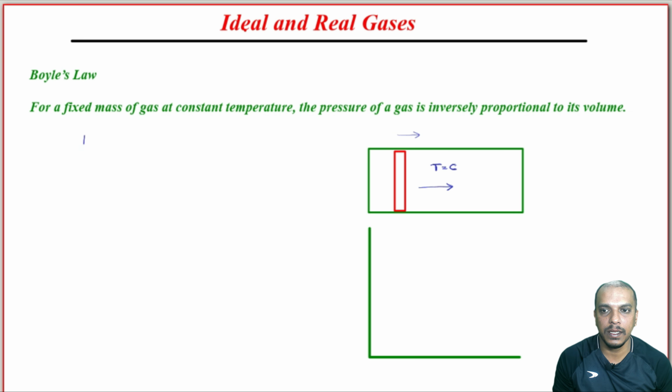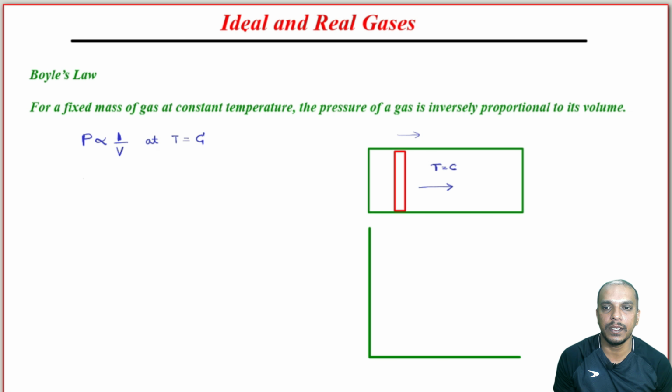So, we are saying that pressure is inversely proportional to volume. Now, we are talking at constant temperature. For a constant temperature process, pressure is inversely proportional to its volume.